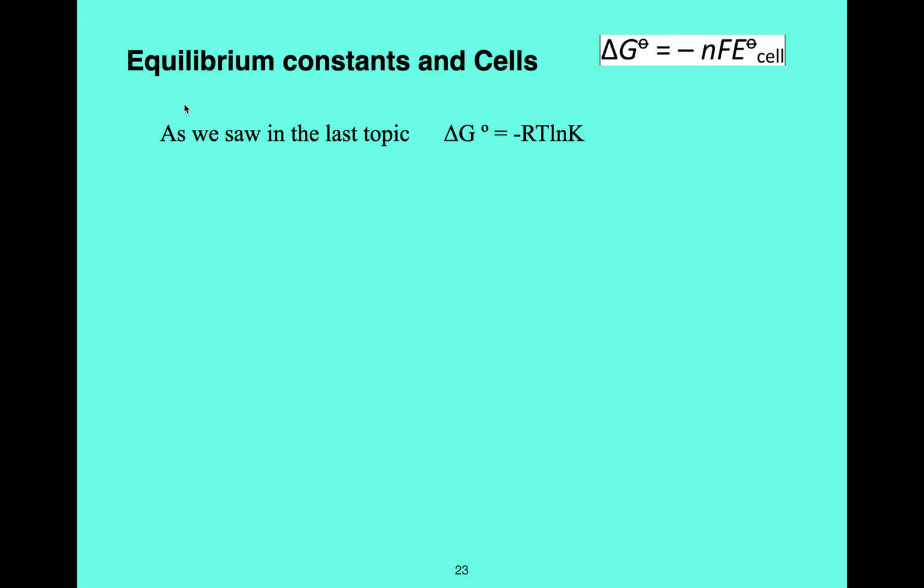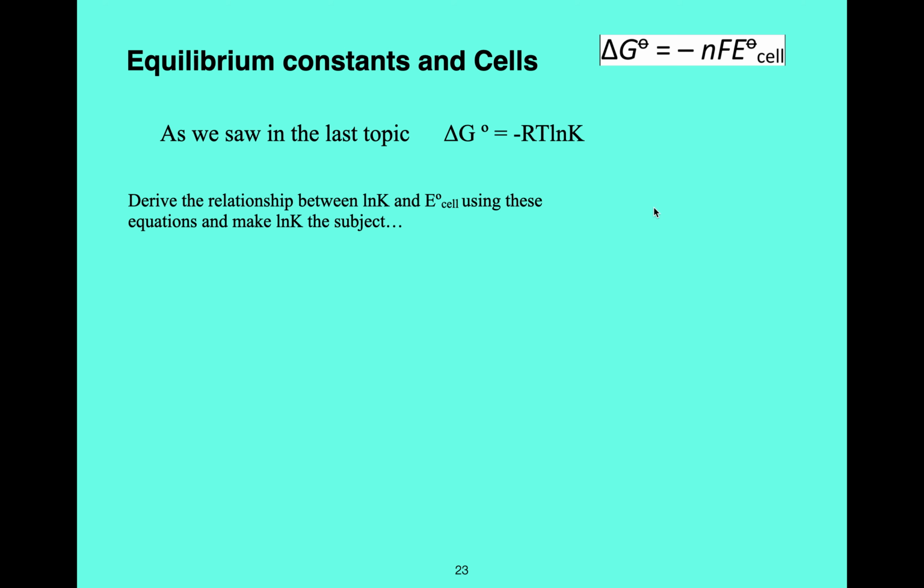And now let's look at equilibrium constants in cells. So we've got delta G is minus nFE. We saw in the last topic, this is the equilibrium constant, isn't it? So delta G is minus RT ln K. So you can see what we're going to do here. We're going to derive the relationship between ln K and the E cell. And what does it end up being?